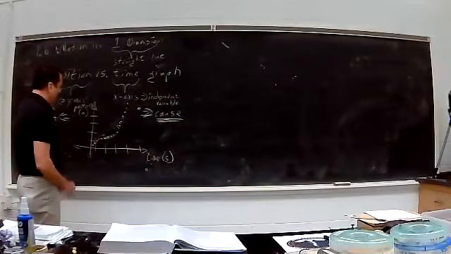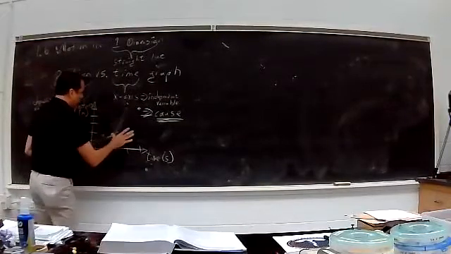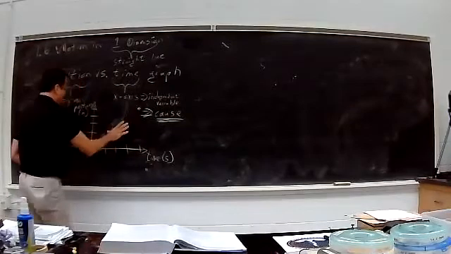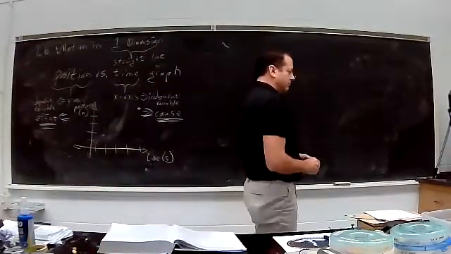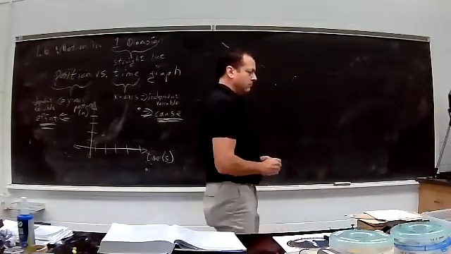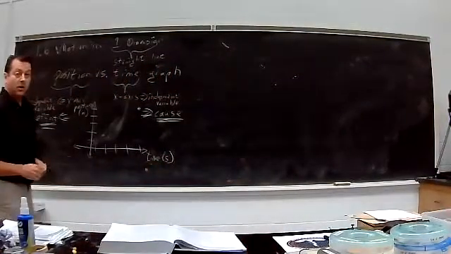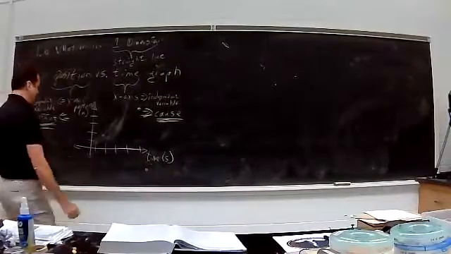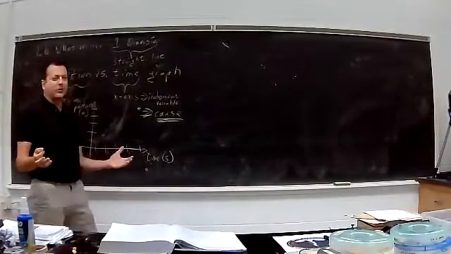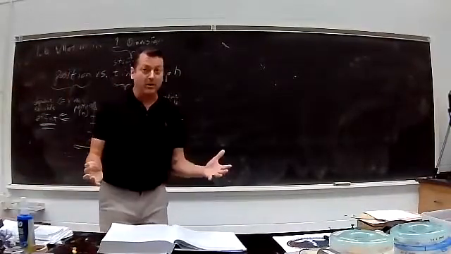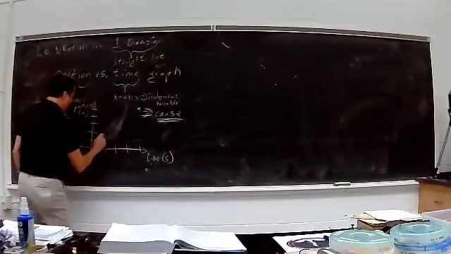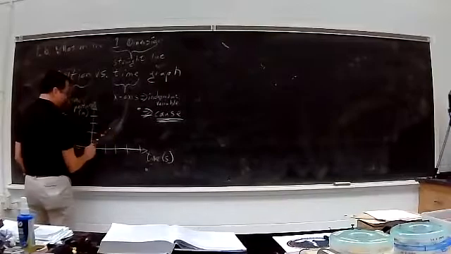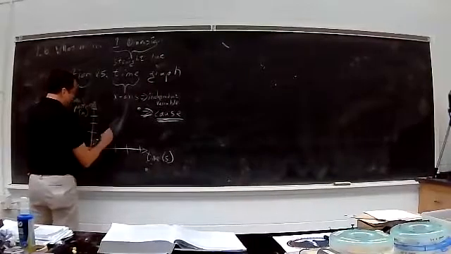Okay. What if I did this? What would that look like? Well, since that's a rhetorical question, because you're not here, you're watching a video. And we go up, up, up, up, up, because my position is increasing over time.